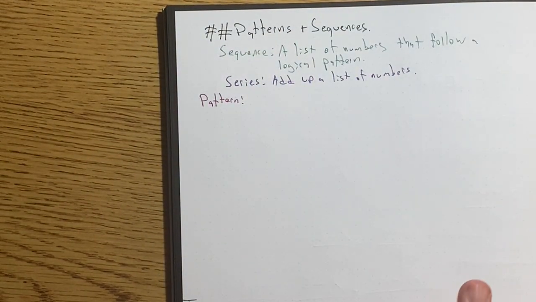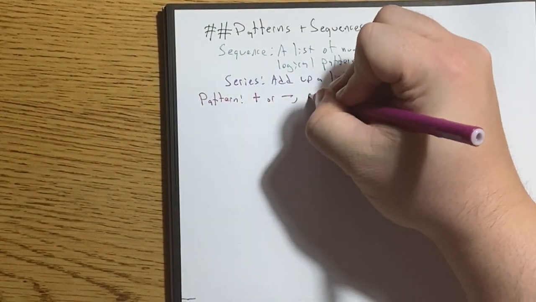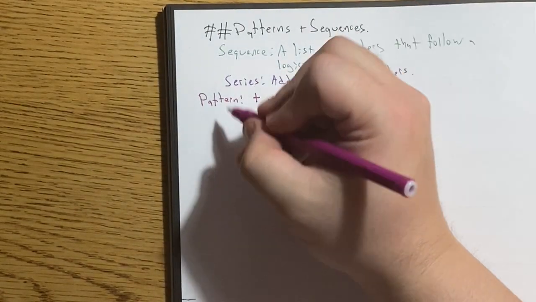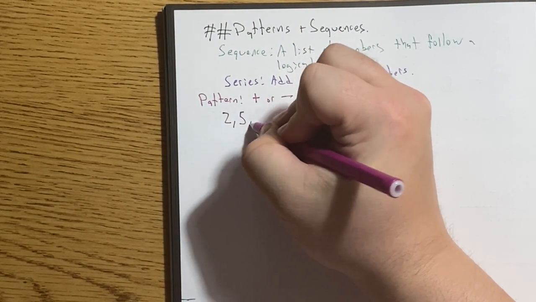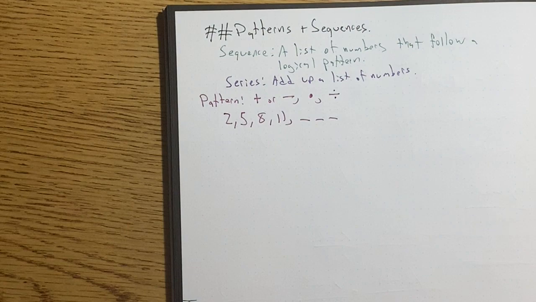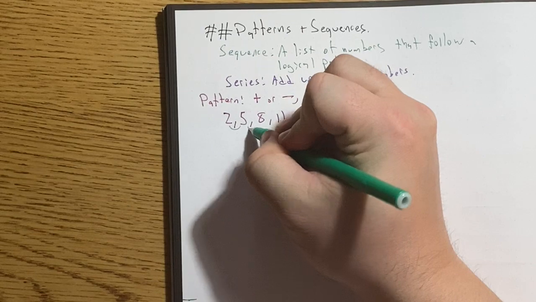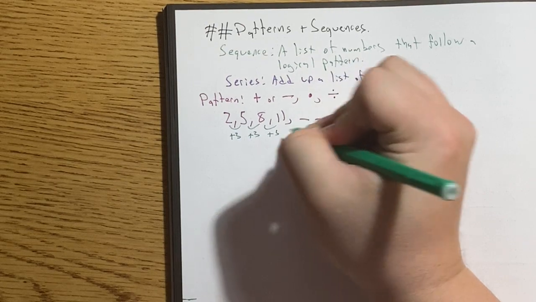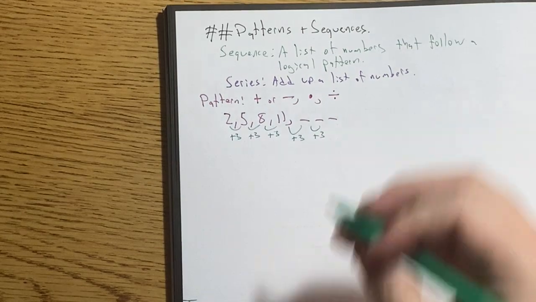The common things you're going to see are adding or subtracting, and there could be multiplication or division. For example, I could give you 2, 5, 8, 11 and ask what comes next. The first thing I always do is look for adding or subtracting: plus 3, plus 3, plus 3. So you add 3 and get the next two.